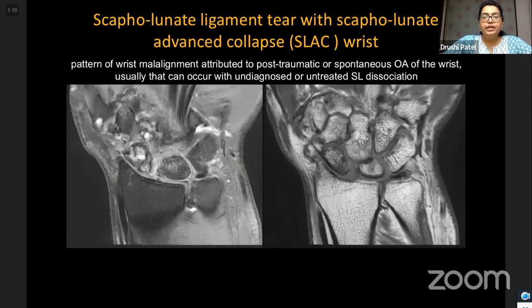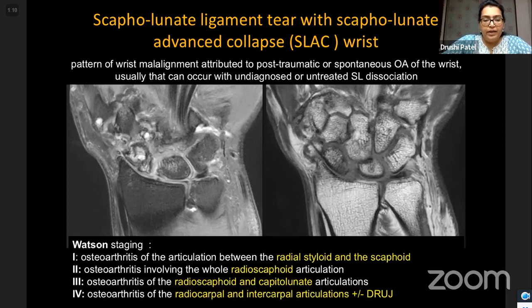Now, once the ligament tears and scapholunate dissociation occurs, there is a pattern of malalignment, and gradually the osteoarthritic changes set in. That is known as the scapholunate ligament tear with scapholunate advanced collapse, that is SLAC wrist. There are 4 grades, according to Watson staging.